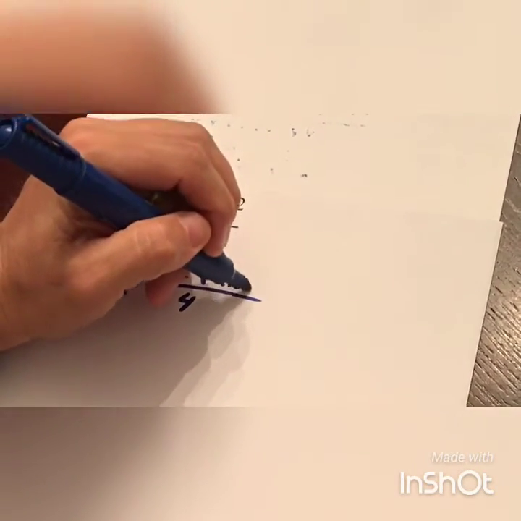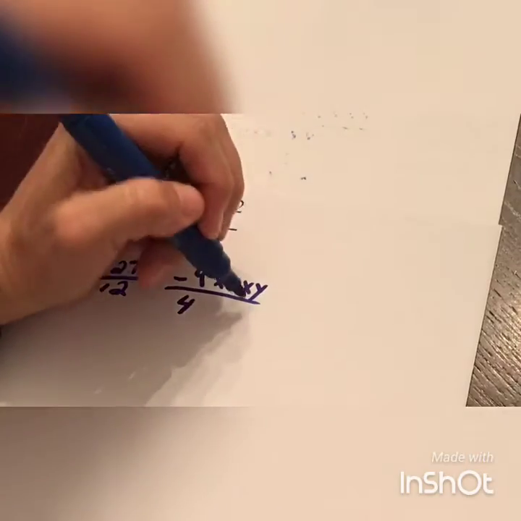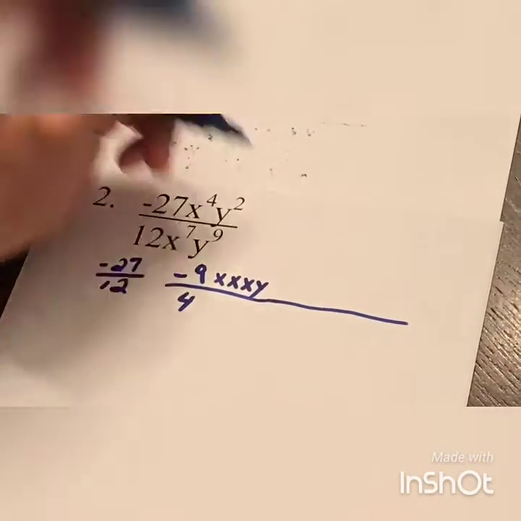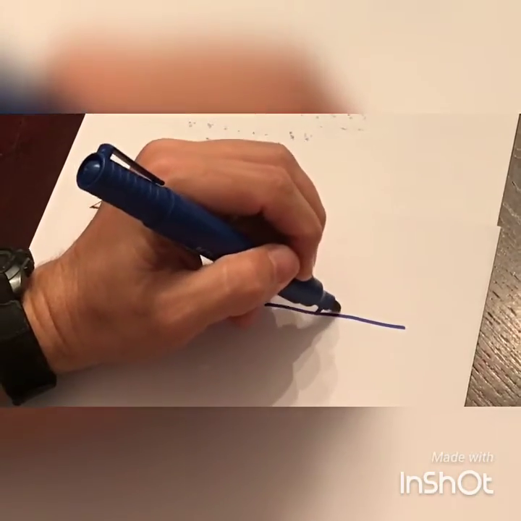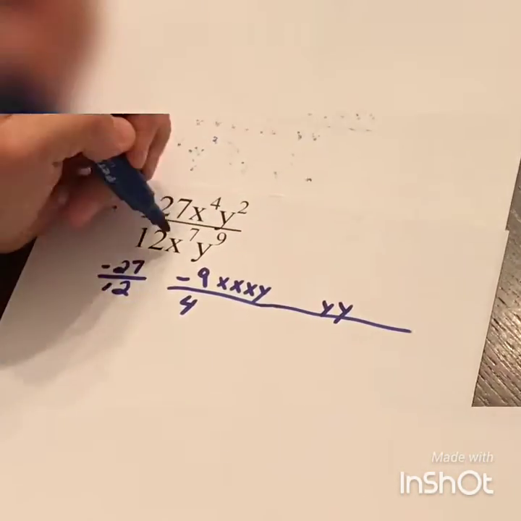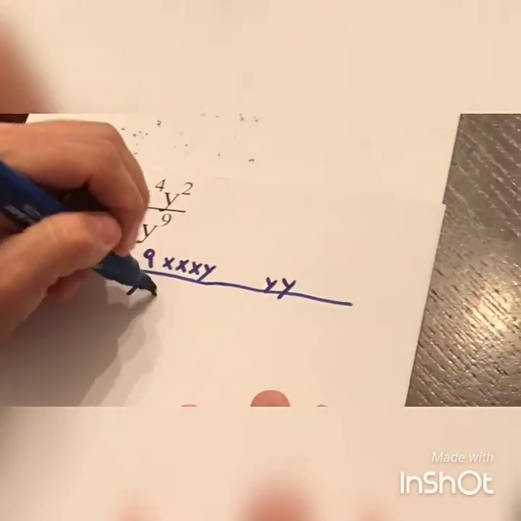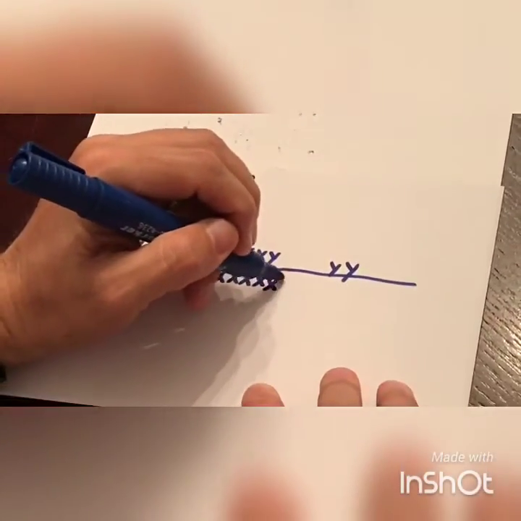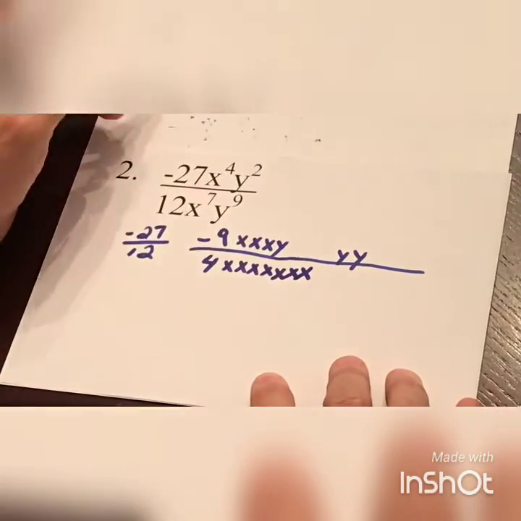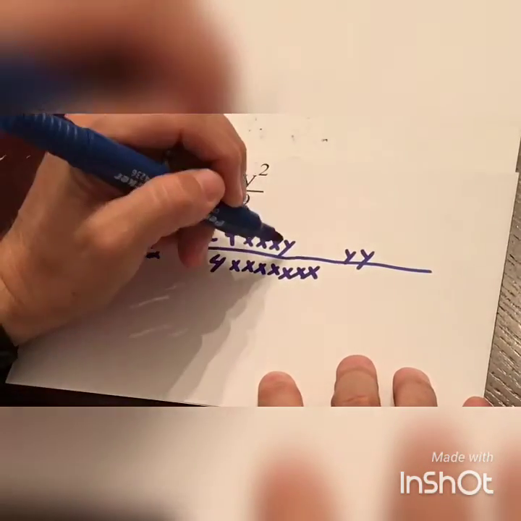1, 2, 3, 4 X's. Y to the second. 1, 2 Y's. X to the seventh. 1, 2, 3, 4, 5, 6, 7. Now I'm going to come back and clean this one up.